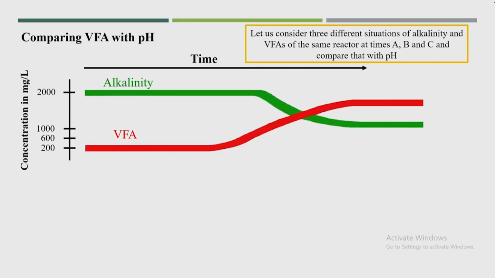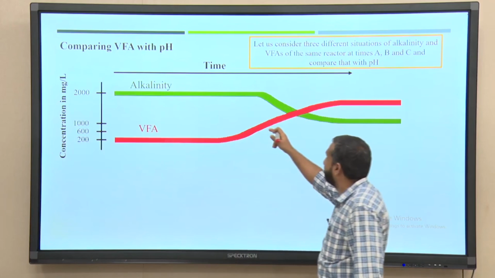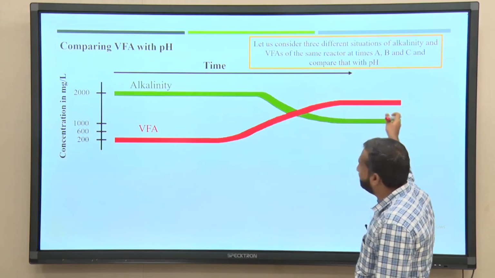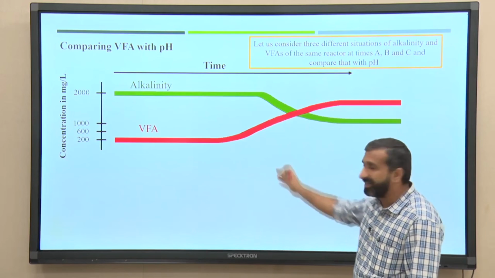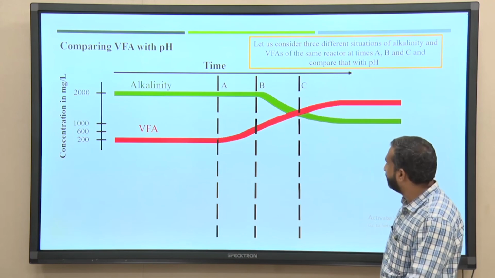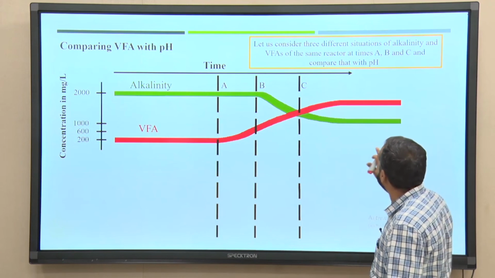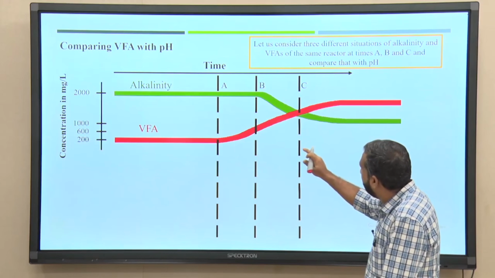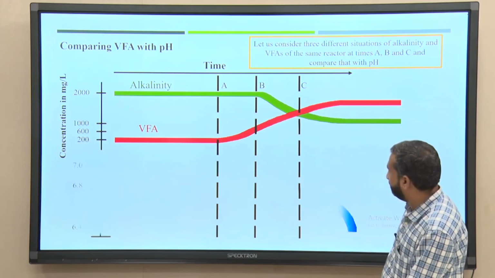When you started the reactor, your VFA was 200 milligram per liter and alkalinity was 2000 milligram per liter, but at one point the VFA has increased and alkalinity has been reduced.